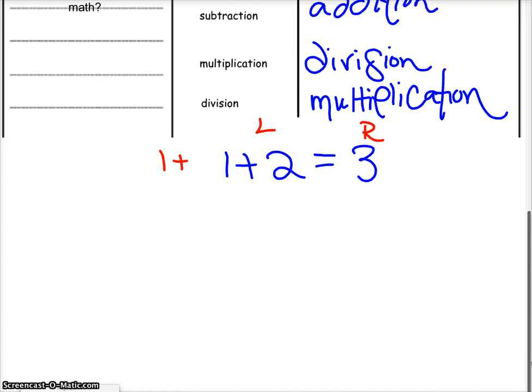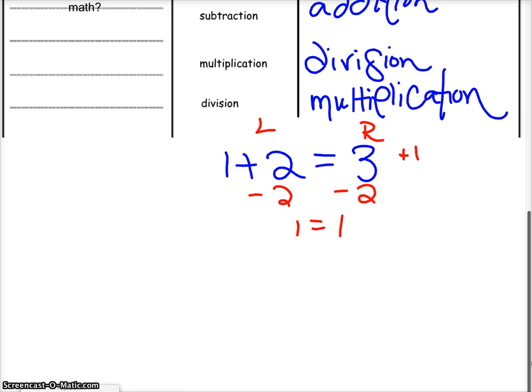Notice that my left side then would be 4, and to keep it equal then I would have to add 1 on the right side. That's the addition property of equality. You have the subtraction property of equality, meaning if you subtract something from one side, then in order to keep it an equation, you'd have to subtract the same thing on the other side, and you'd get 1 = 1.